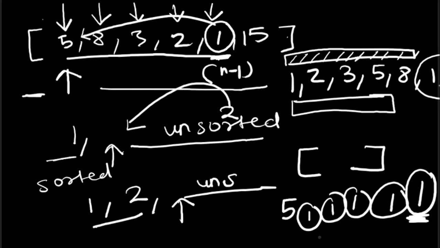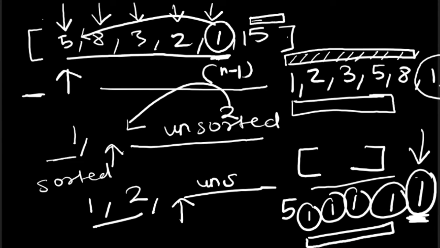Because in front of him, whichever children were there, they are in the correct position. So there is no need to change the last, tallest member's position. So similarly, in the last case also, we don't have to check for the n-th element. Why? Because if n-1 elements are sorted, then automatically the last element is also sorted.